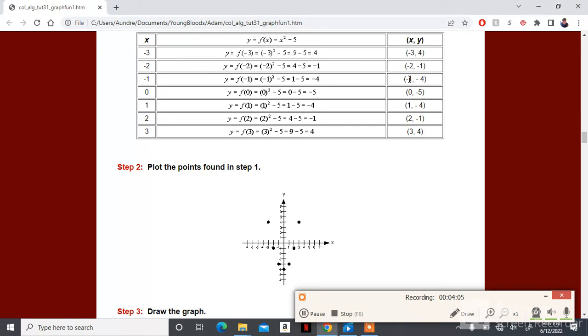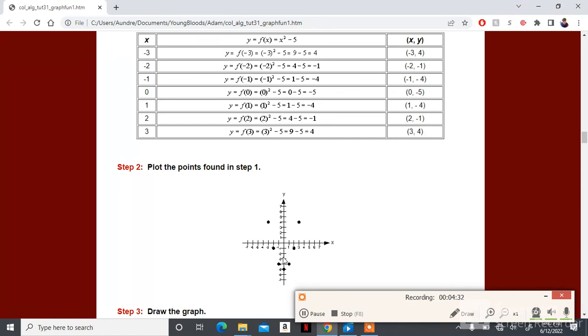And one more with repetition. Alright, x is negative 1 and y is negative 4. So let's go down 4: 1, 2, 3, 4, bam.